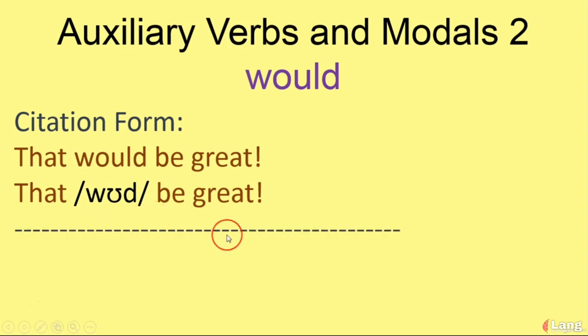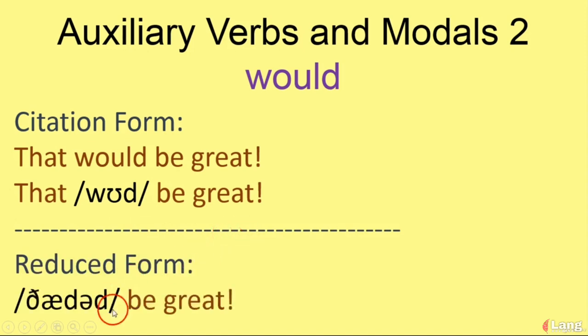But when we speak using reduced forms, would, the letter W is dropped, and the sound becomes the short schwa. This word that in IPA looks like this.